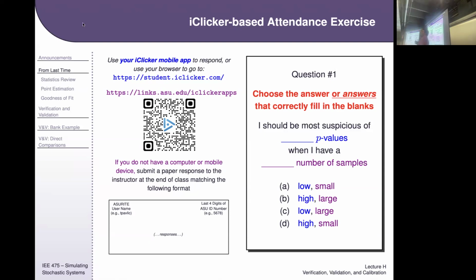Under what condition might I get a very large p-value and not be able to trust it? How do I get large p-values by default? And of course, it's related to data. So do you think I get a large p-value when I have large amounts of data or a large p-value when I have small amounts of data?